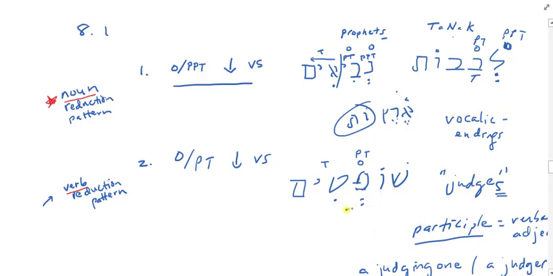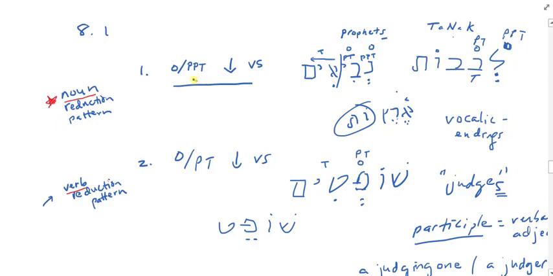That is to say, the word for judge in Hebrew, shofet, literally means judging one, or a judger. Okay? This is really a verbal form. And when verbs have syllables that become open and pretonic, verbs like to reduce those to vocal shiva. You might be sitting there going, okay, well, which is it?